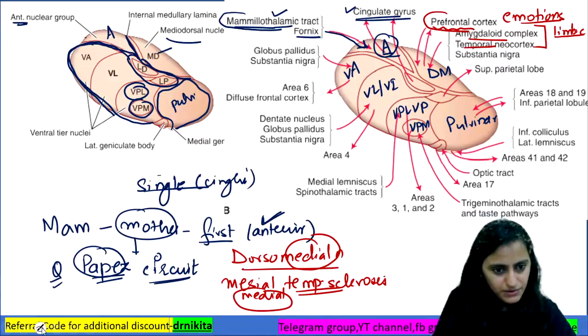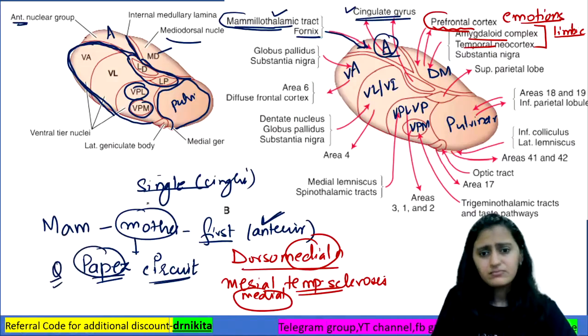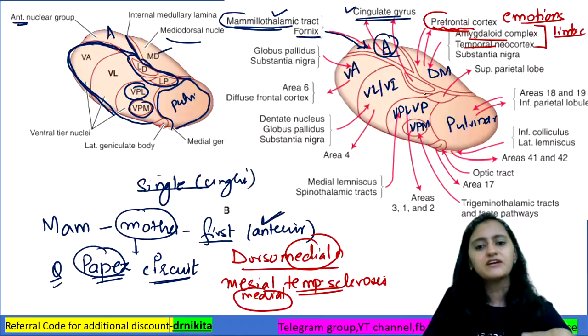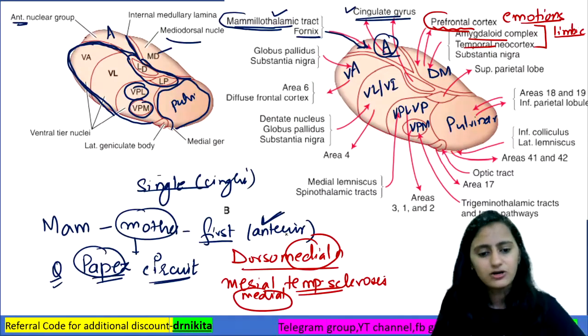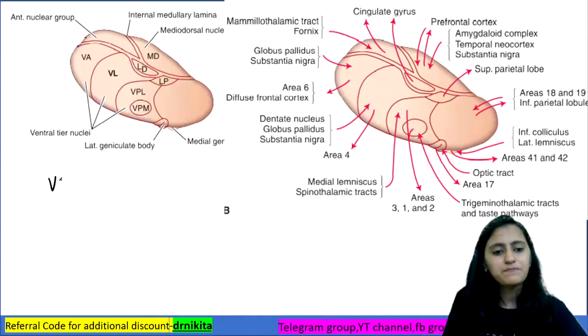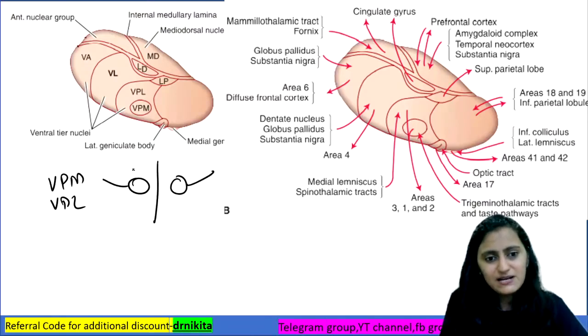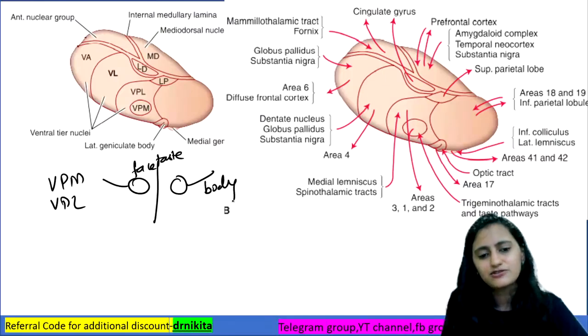The next ones are your ventral nuclei. In the ventral nuclei, VPM and VPL we already saw. What did we see about VPM and VPL? We said the medial one is your face and taste, and the lateral one is the rest of the body.